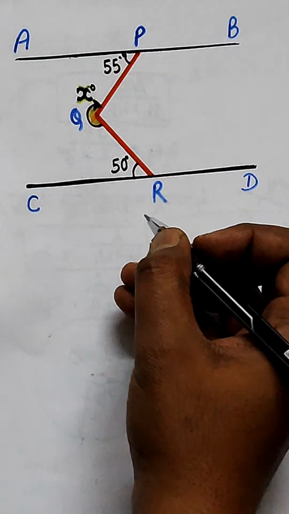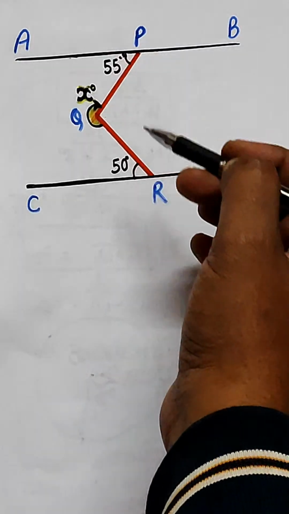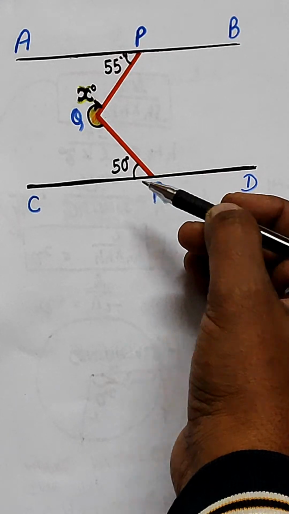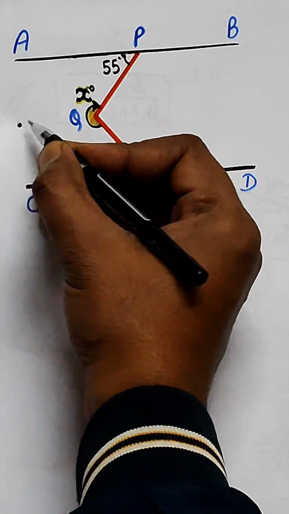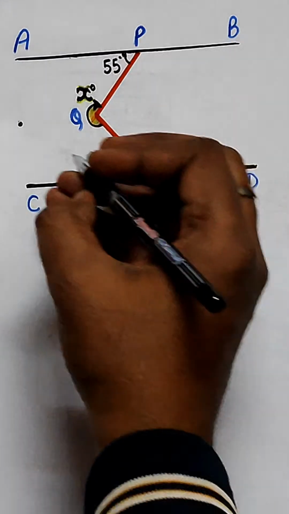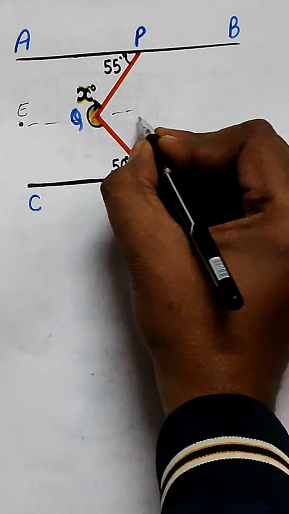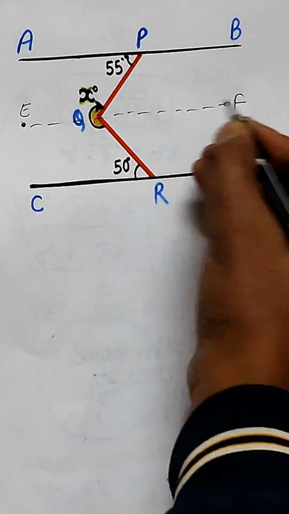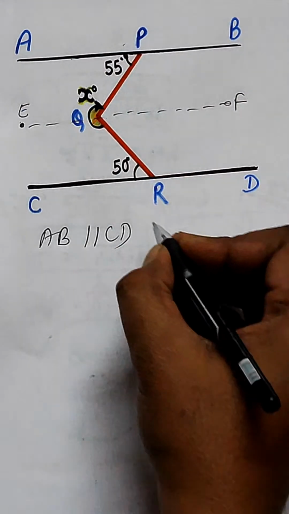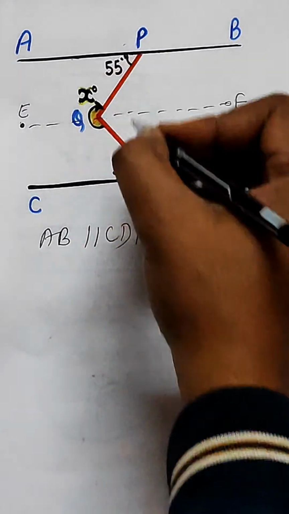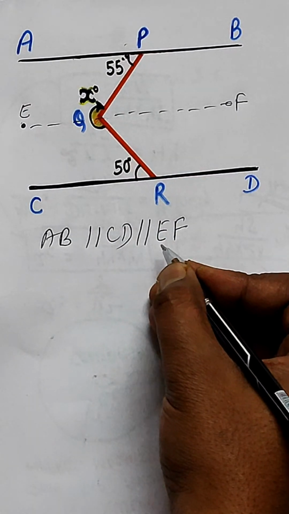If we draw a line parallel to AB and CD, let's say EF, then since AB is parallel to CD, and EF is parallel to AB and CD, all these three lines are parallel to each other, right?